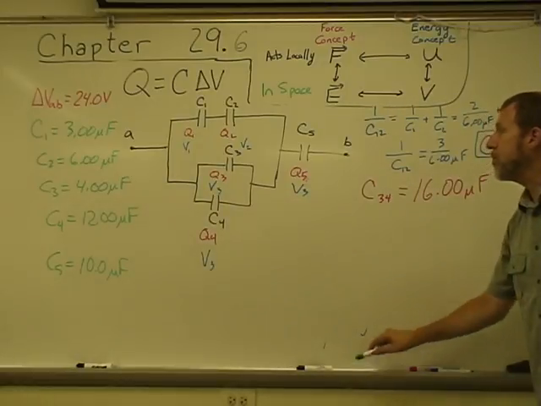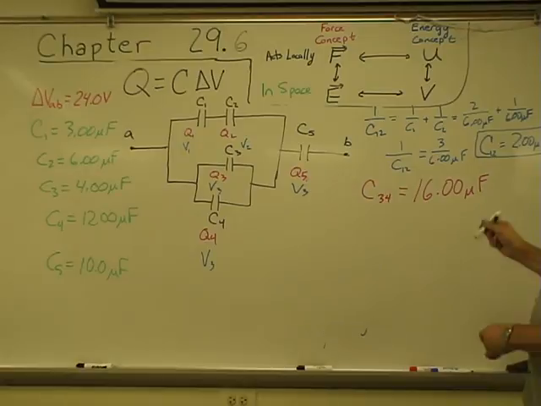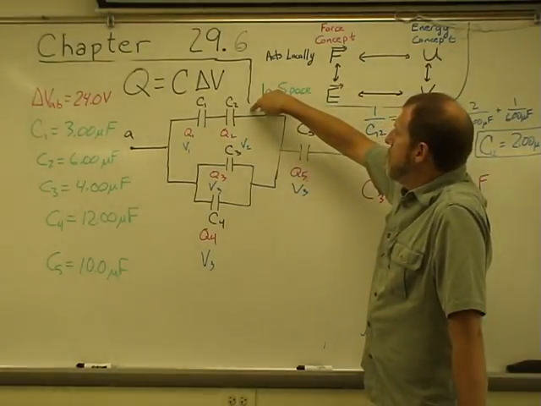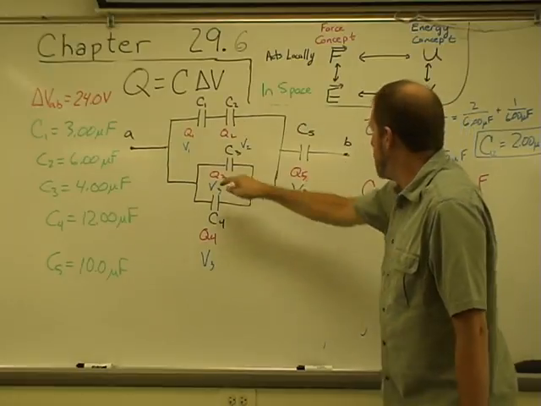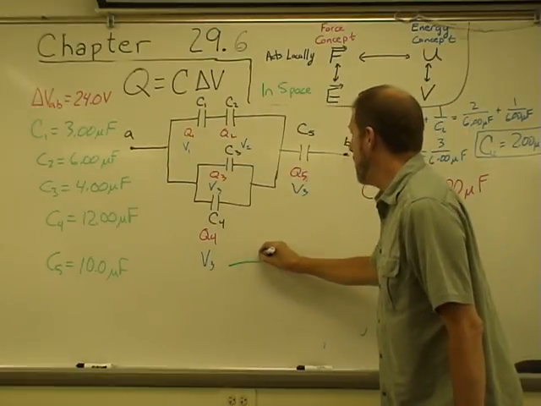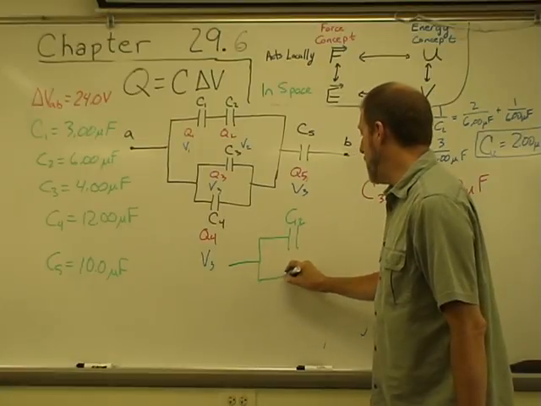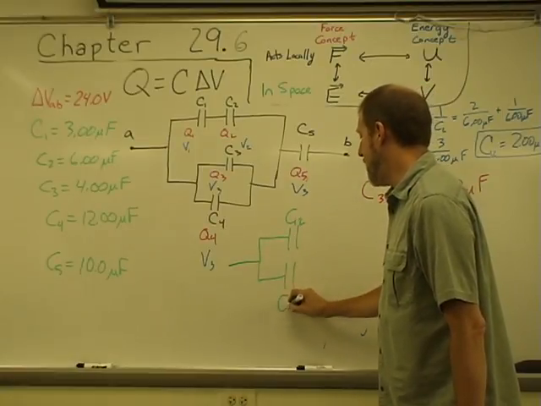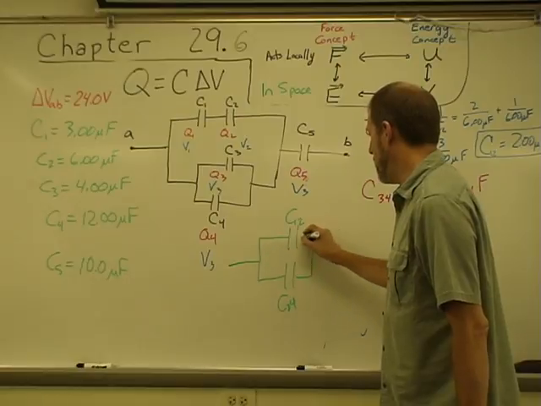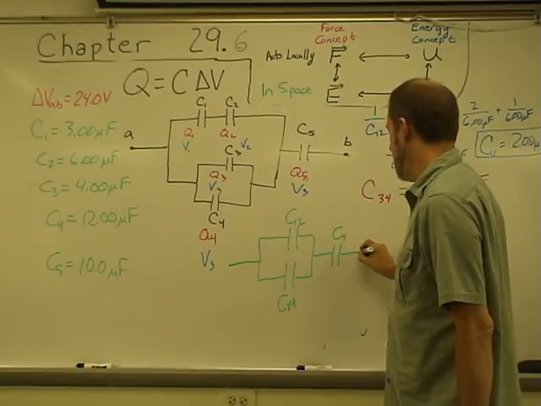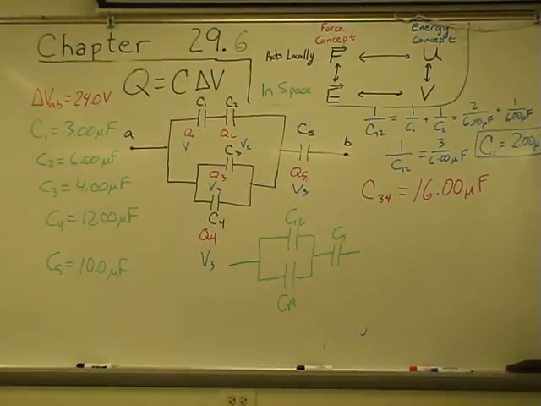Now, I have the equivalent capacitance of 1 and 2, parallel to the equivalent capacitance of 3 and 4, in series with capacitor 5.